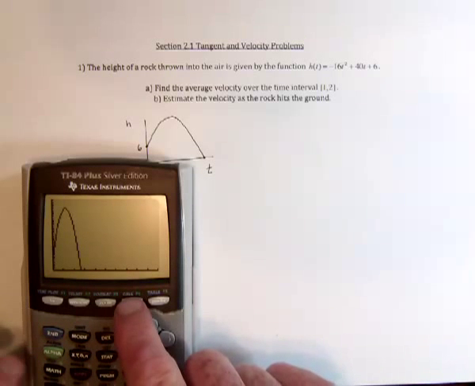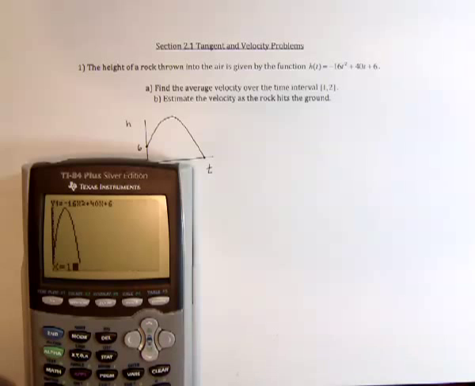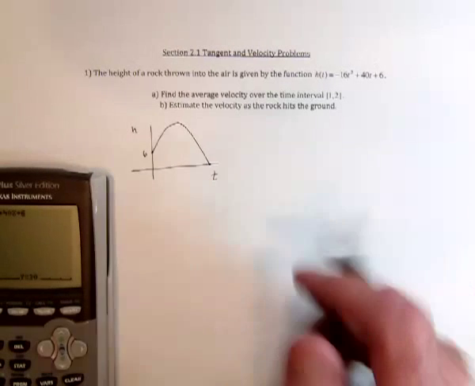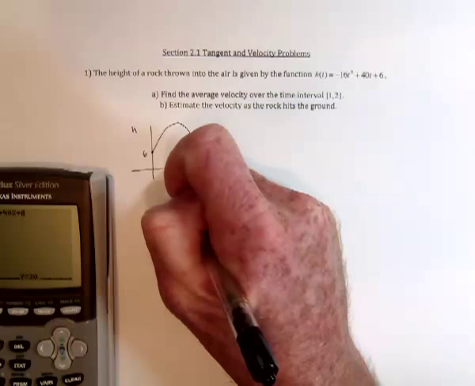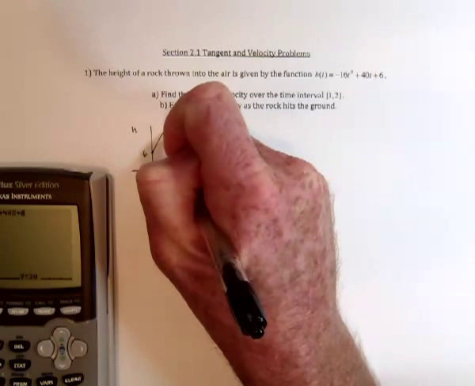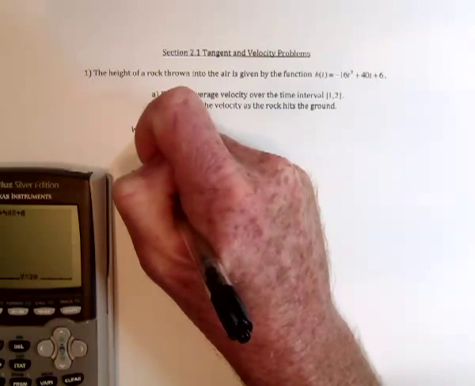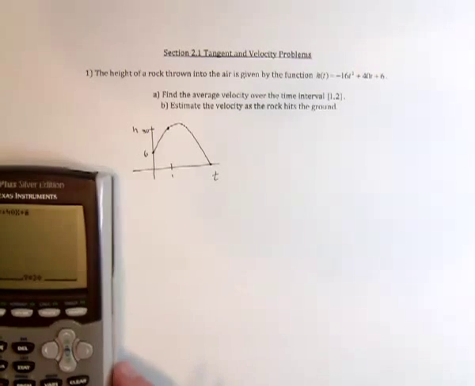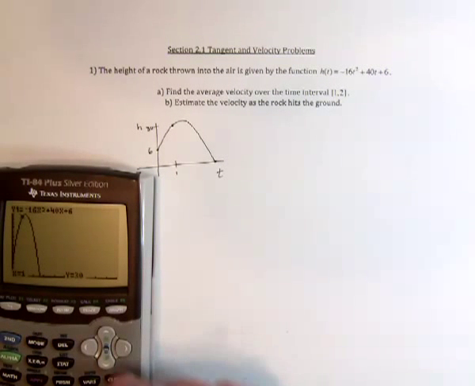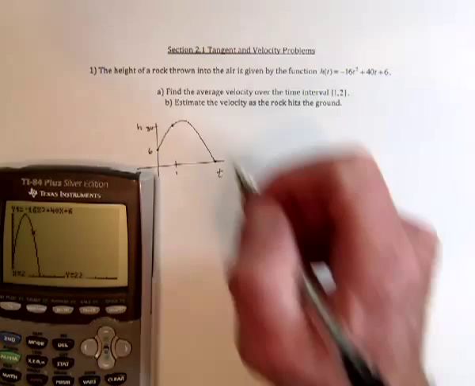Okay, so at 1 second, it was up here at a height of 30. And at 2 seconds, it's at a height of 22.